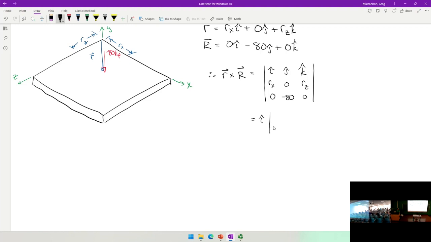So we have the i component, the j component, and the k component. You see what I did? Just knock out the row and column, write them out. Let's carry this out.